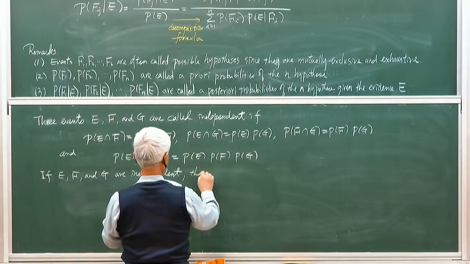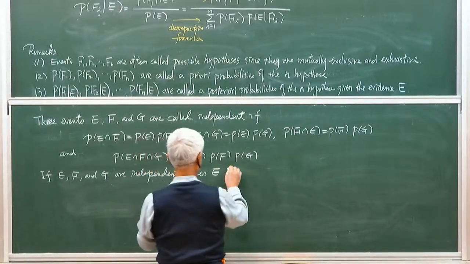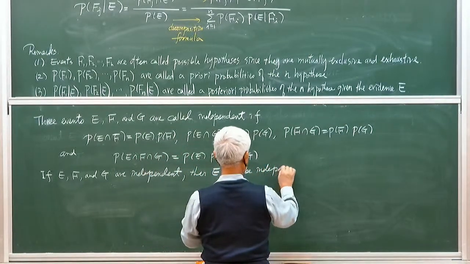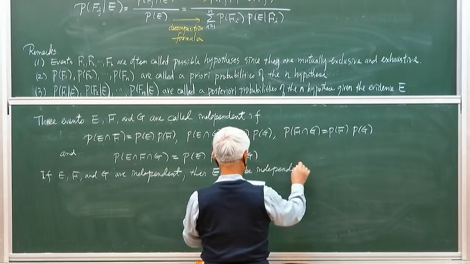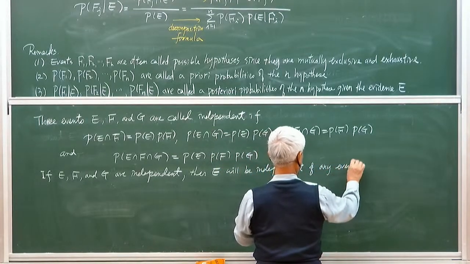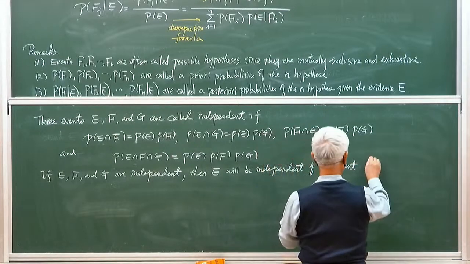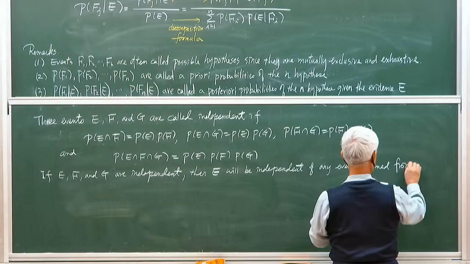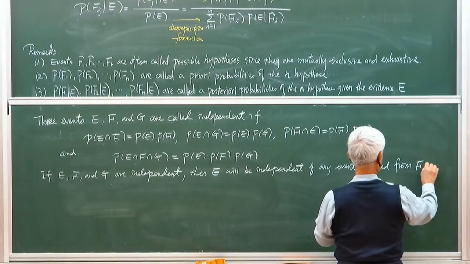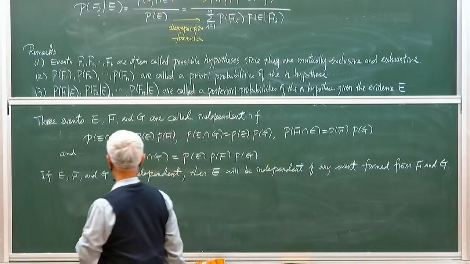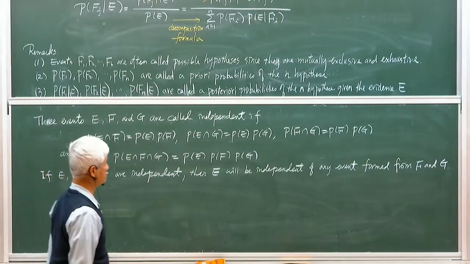then E will be independent of any event formed from F and G. Okay.